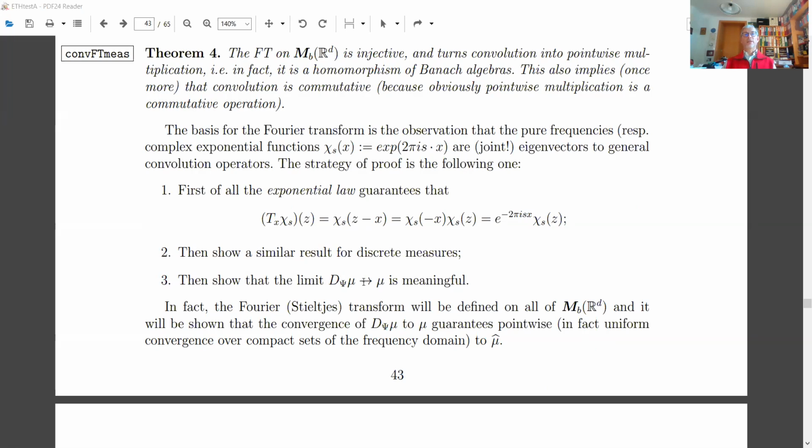Then you go to the limit and find out that for any system which is a convolution by a measure, you can approximate it, and all these characters are eigenvectors. Somehow the spirit of the whole Fourier transform, which we can also reproduce with MATLAB in the finite situation, is that we have a certain family of operators. This is a commutative family of operators, and therefore it has a common family of eigenvectors.